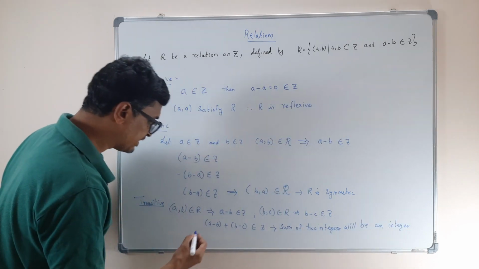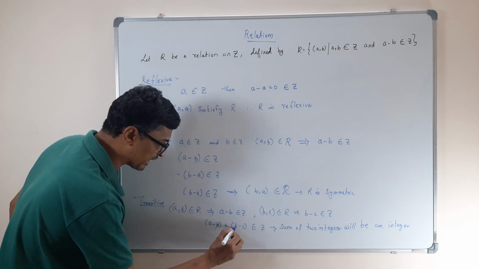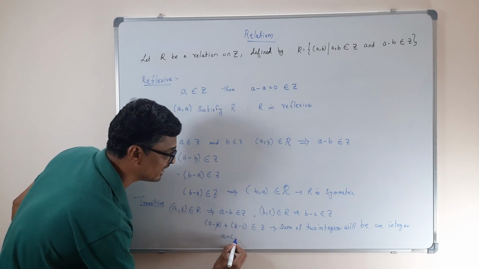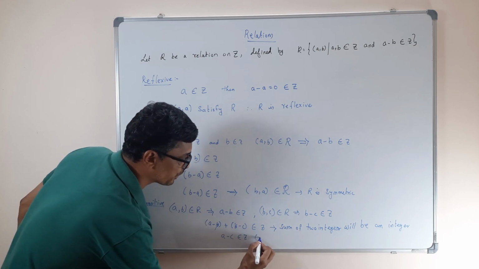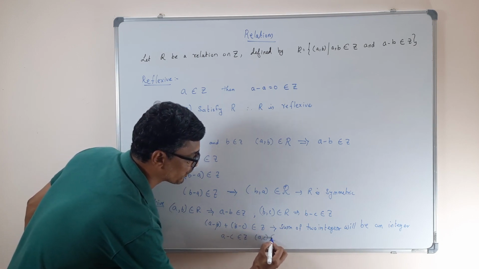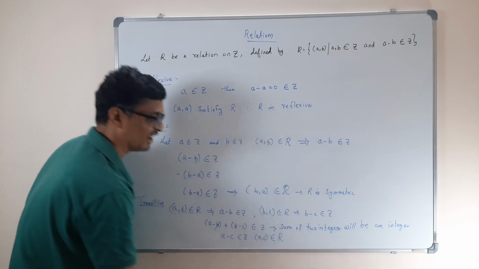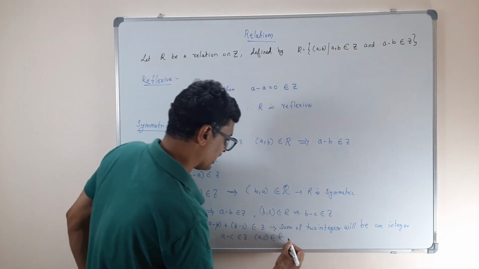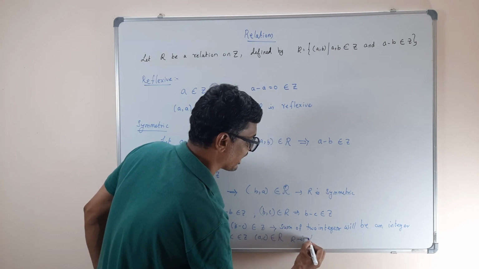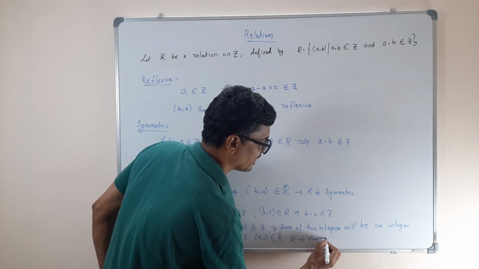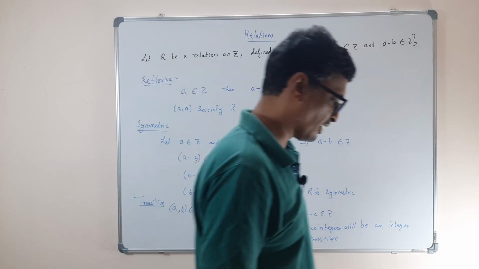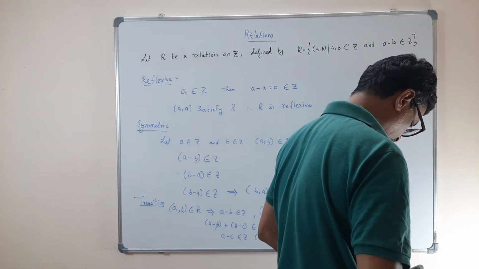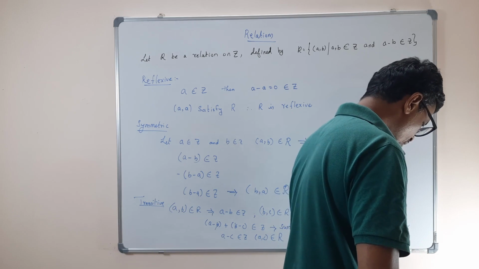So now you say, of course, b cancelled, so a minus c is an element of Z. Therefore (a, c) is also an element of R. Therefore, R is transitive. Therefore, the relation R is an equivalence relation.